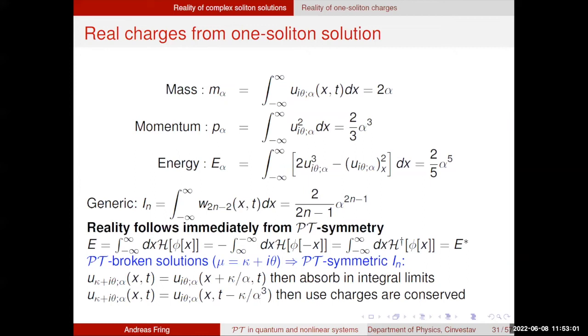Or alternatively, because these are quantities preserved in time, they are conserved charges, so this is true for all time, I can make a shift in t as well and absorb it, and then I can use the old argument again, and by PT symmetry, which is this property here, the energy is guaranteed to be real.